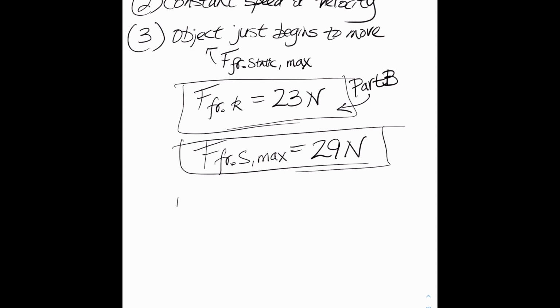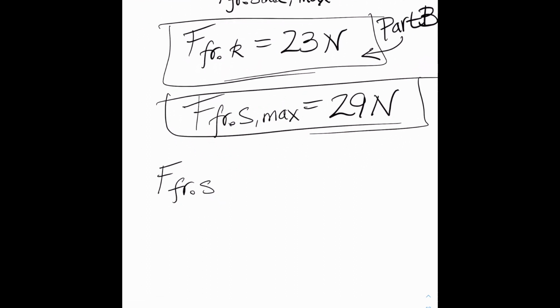Our formula for force friction is force friction static. Do we have to write max each time? We will this time, but usually I don't bother writing max every time. Force friction static max is equal to mu static max times force normal, right?